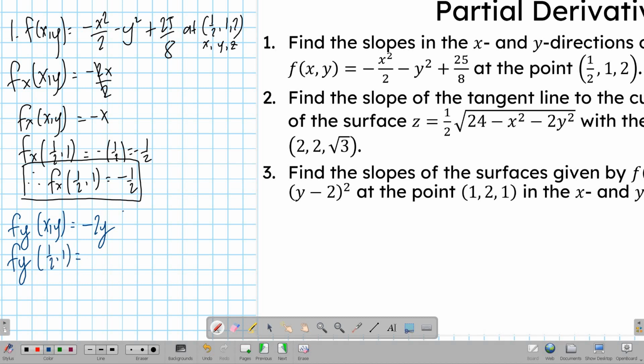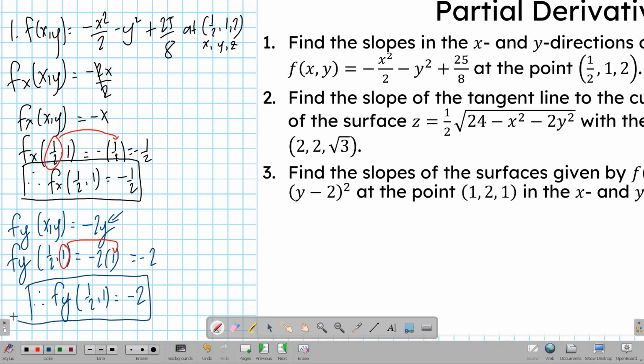But this time, since it's y here, that becomes negative 2 times 1, not 1/2. The x is 1/2, that's what we replace in the x function, but here it's y, so it's 1 that we replace, and this becomes negative 2. Therefore, the slope of the function in the y direction is negative 2.